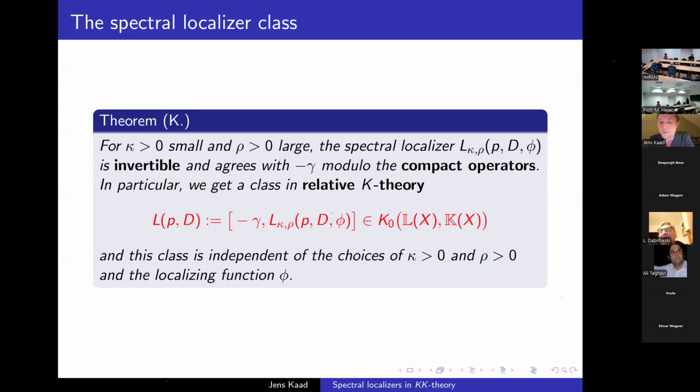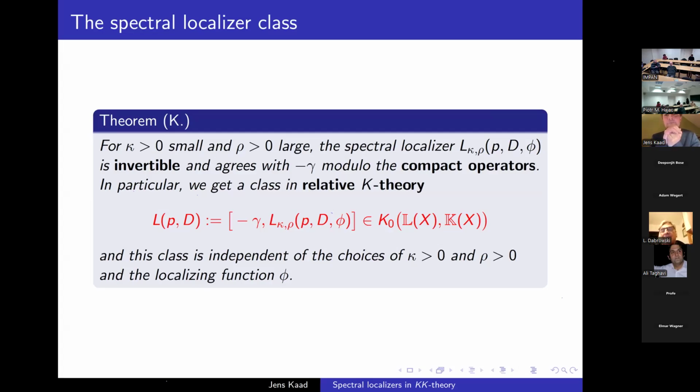I have dependence on kappa and rho because I need to know that my spectral localizer is invertible, and you can quantify what that means in terms of kappa and rho. But I only have a spectral localizer class once kappa and rho satisfy that the spectral localizer is invertible. Okay, I see. Perfect.